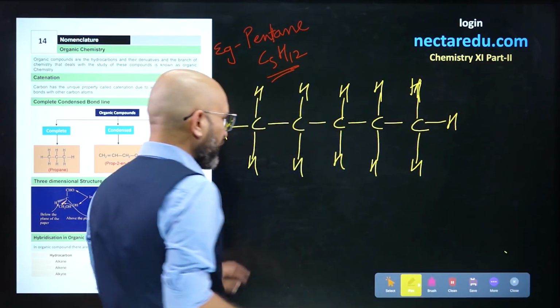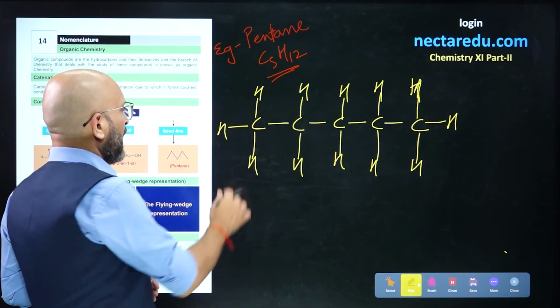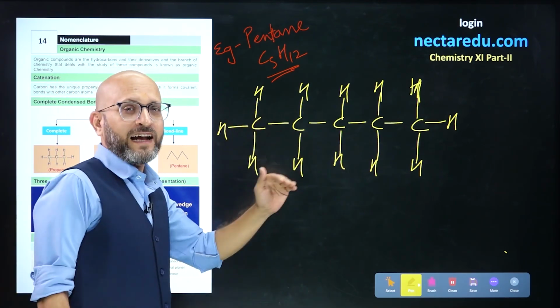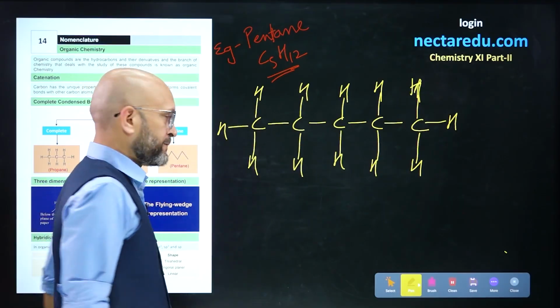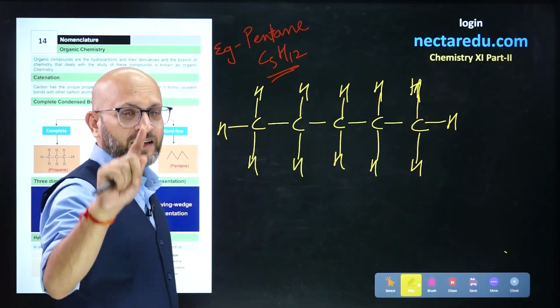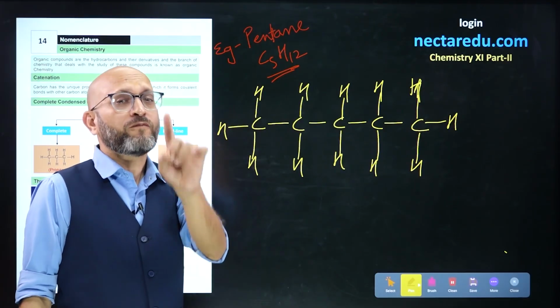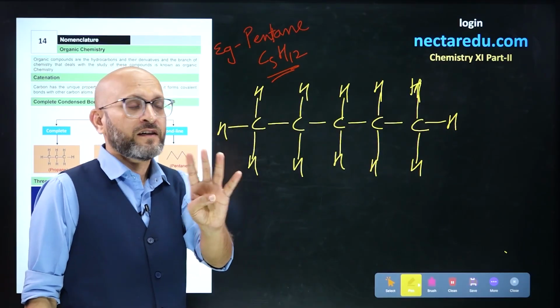Now, if I do not want to represent the complete structure, what will I do? I will represent the carbon-carbon bonds and not the carbon-hydrogen bonds. Just remember one thing always while writing structures, that each carbon atom must form 4 bonds.